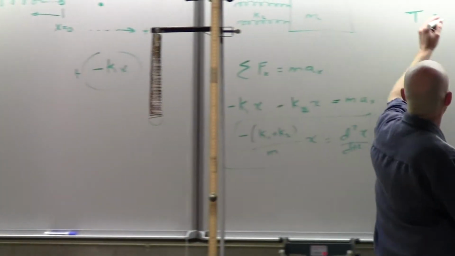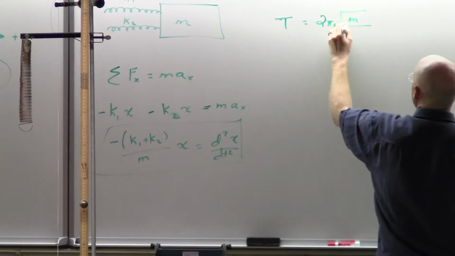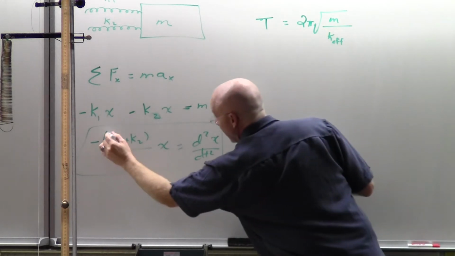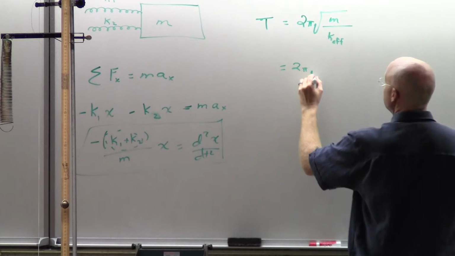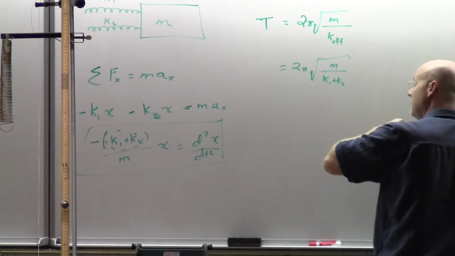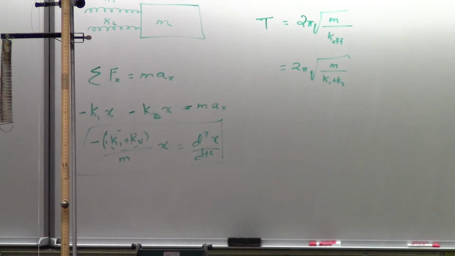So this becomes 2 pi square root of m over the effective k, where the two together are the effective k, and that would be k1 plus k2. Fair enough? See the little trick? See if you can write it as an effective k?